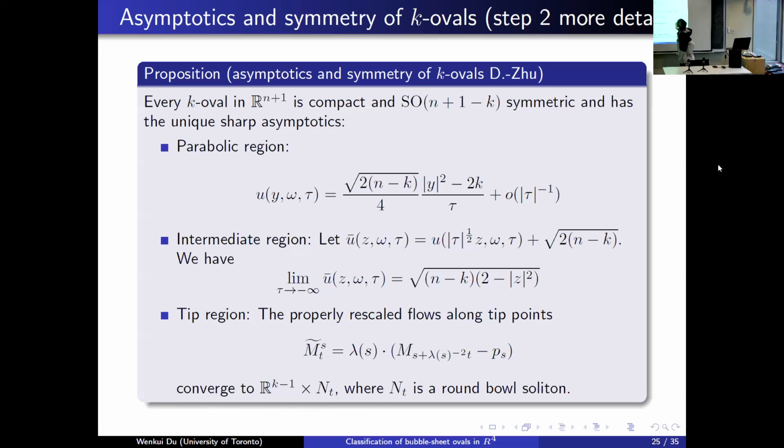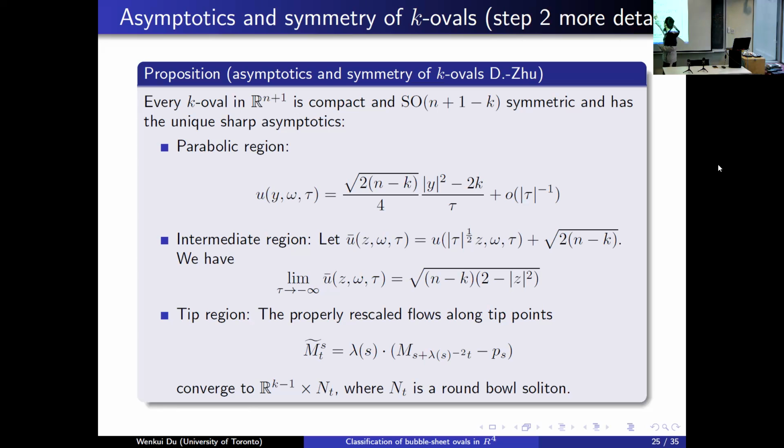In my joint work with Drew, we studied the asymptotics of these 2-ovals. They are actually compact and SO(2) symmetric, and they have the following unique asymptotics in the parabolic region. This is basically what we studied, equivalent to the spectral quantization for rank 2. Then there is the intermediate region, meaning away from the tip, a bit away from the tip.